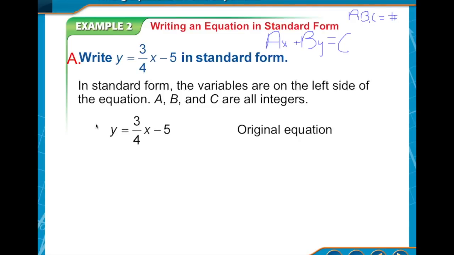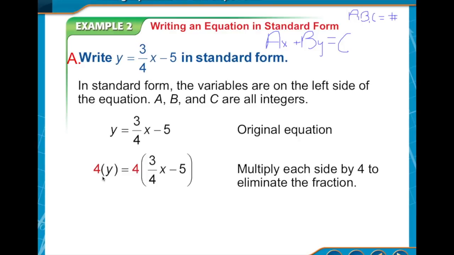So we have our original equation. Now, what do we need to do? Well, we don't want any fractions. So how can we get rid of this fraction? Well, the easiest thing to do is to multiply by whatever the denominator is. That'll cancel it out and you'll be left with the whole number, whatever's on top. If we want to change one thing, we have to change everything.